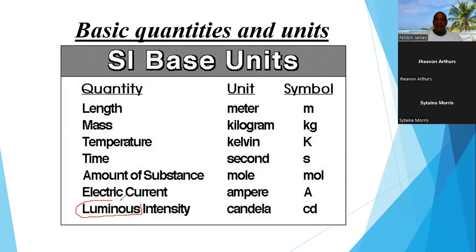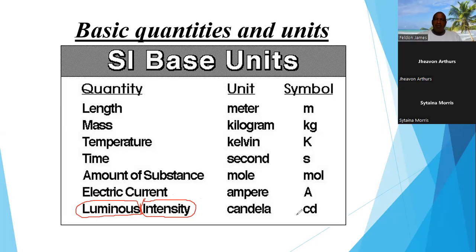Anything that is reflecting light or anything that is giving off light, we say it is luminous. Intensity now has to do with how intense the light is.